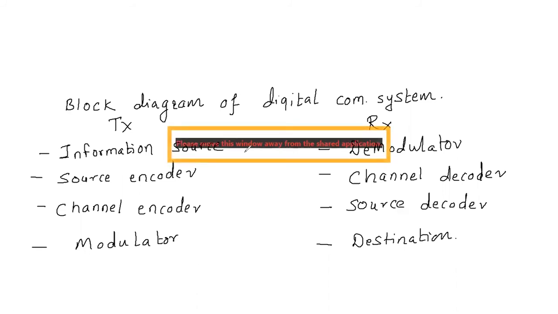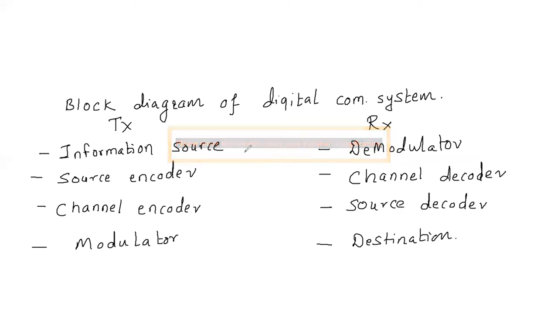A channel is the area where the noise gets added, be it a wired channel or a wireless channel. When we transmit the information from source to destination, and distances are in terms of kilometers, there is a large possibility of addition of noise in the channel.